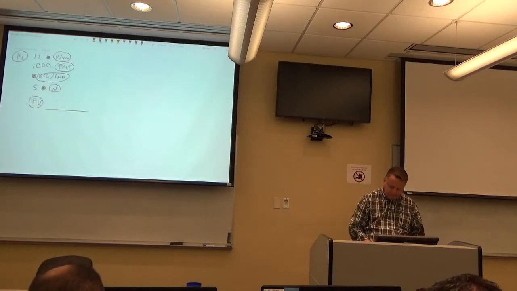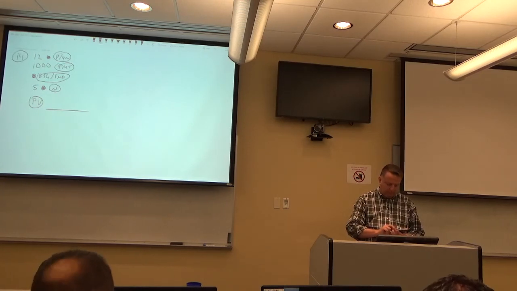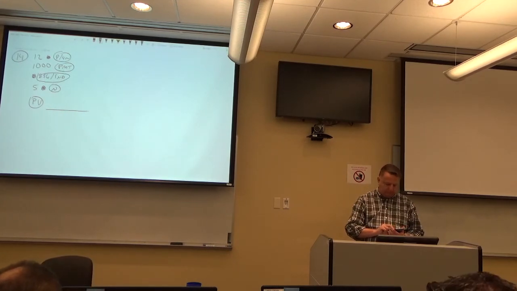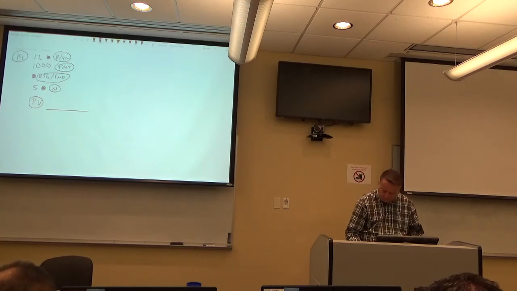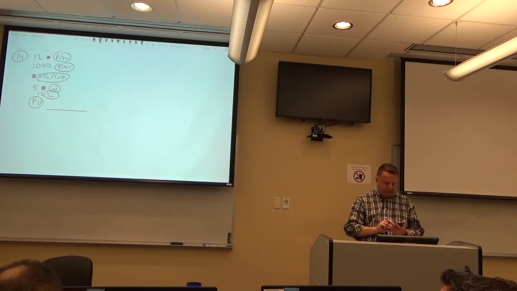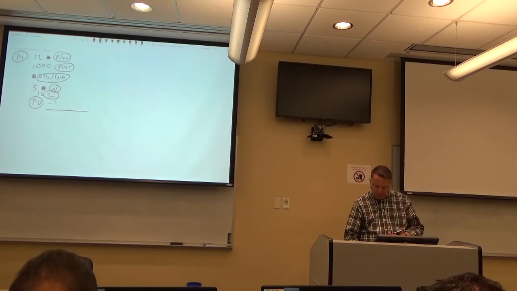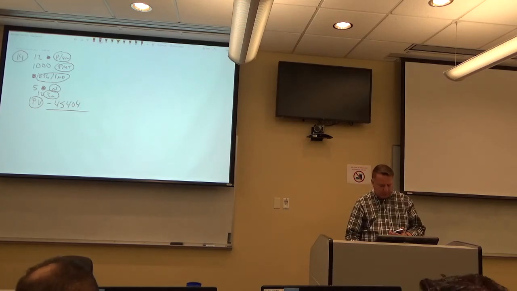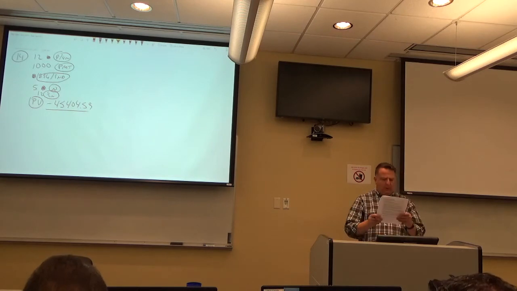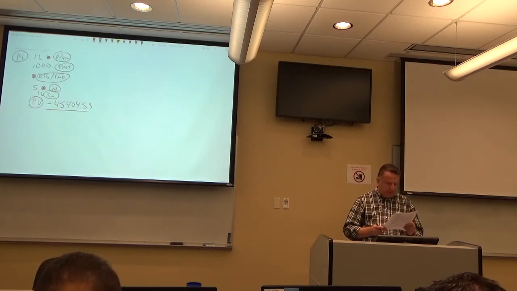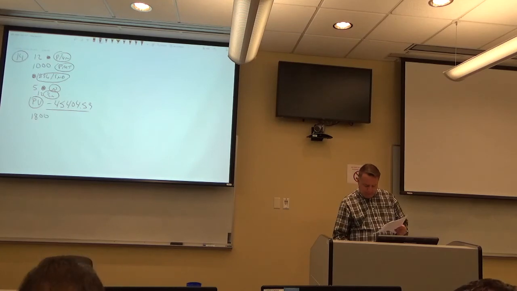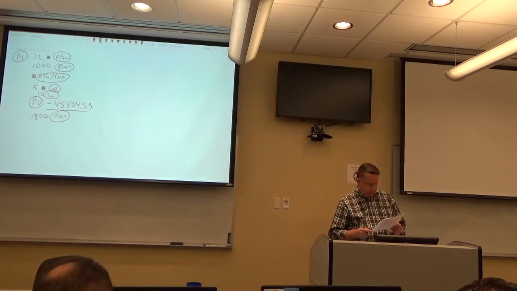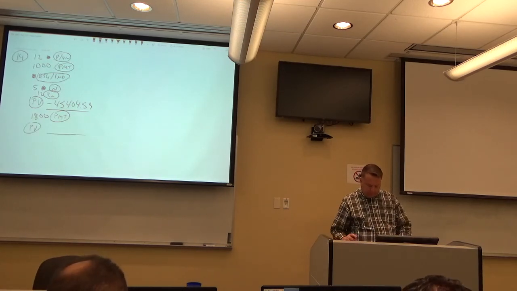Solve for present value to start with. Oh, I need to put the interest rate. 12%. Okay. And the other part of that is a sublease, which we'll talk about here, for 1,800. Solve for present value.